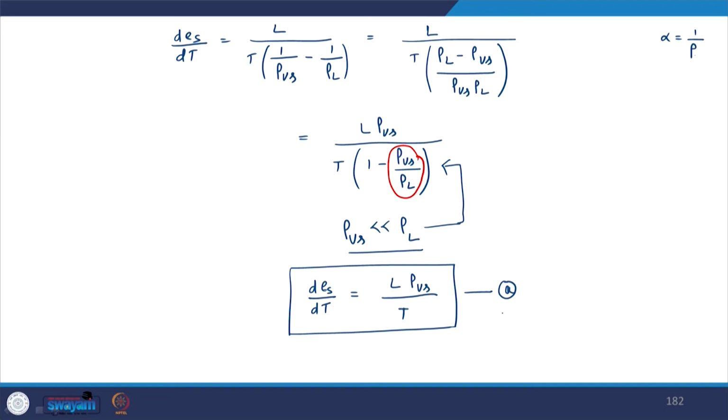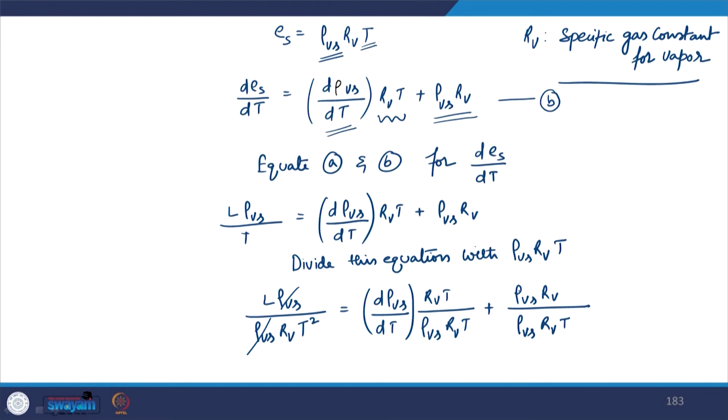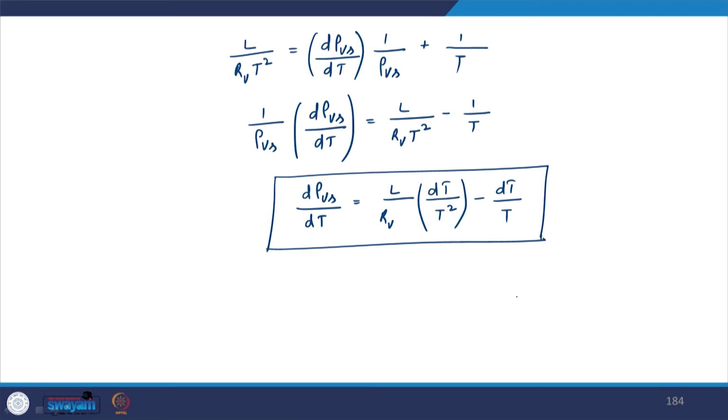So, this is equation A, then we said that the water vapor obeys the ideal gas law. We took the ideal gas law in terms of the specific gas constant, took a derivative, and equated these two terms to obtain the rate of change of saturation vapor density with respect to the temperature.